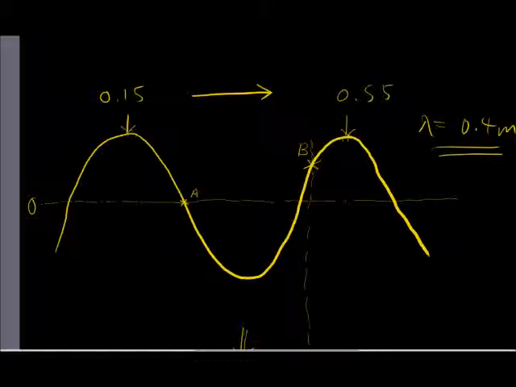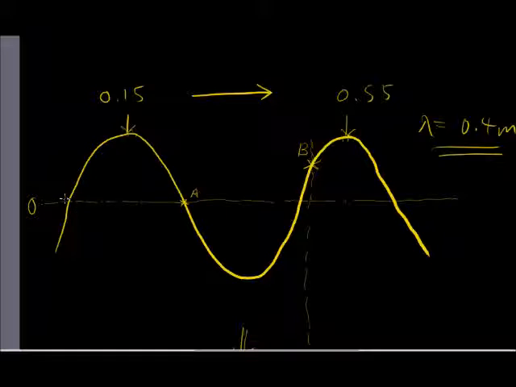On figure 4.1, which is this figure here, mark a point on the rope that has the same vertical speed as point A, but which moves in the opposite direction to A. Label this point as point C. We know that point A is the middle point of this oscillation curve, and it says the point has the same vertical speed.